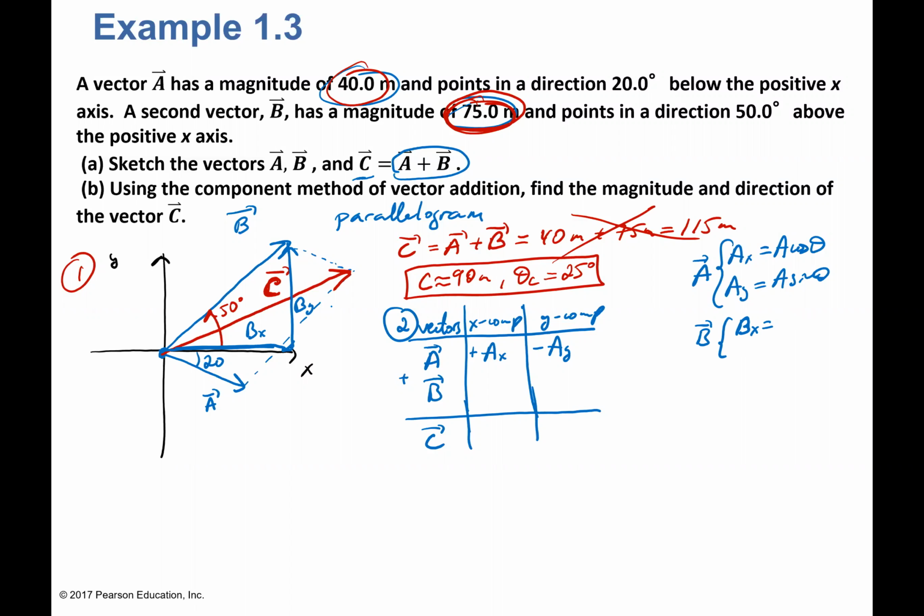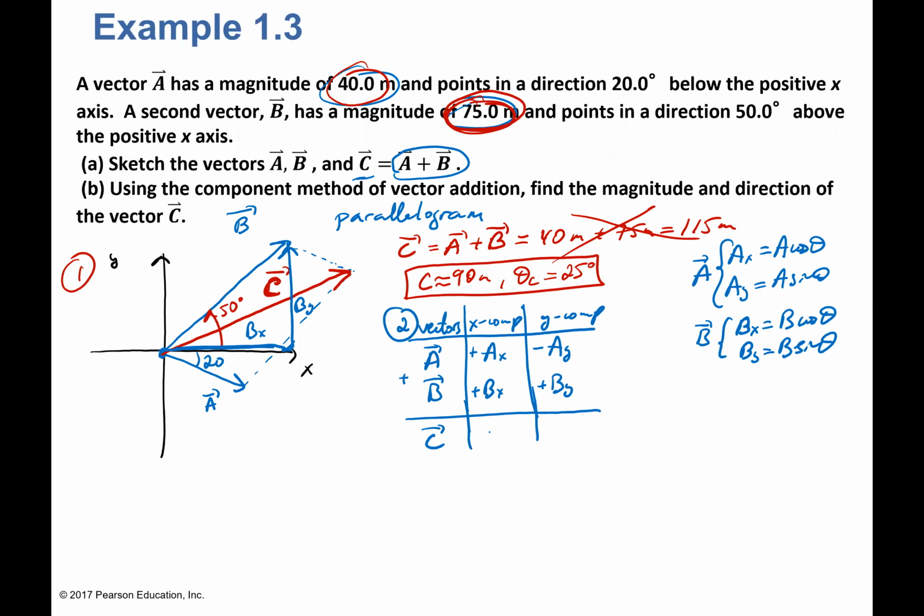The x component is the adjacent, and that goes with the cosine theta. The y component is the opposite, and that goes with the sine of theta. So I write this as bx and by, but because it is in the first quadrant, both of them are positive.